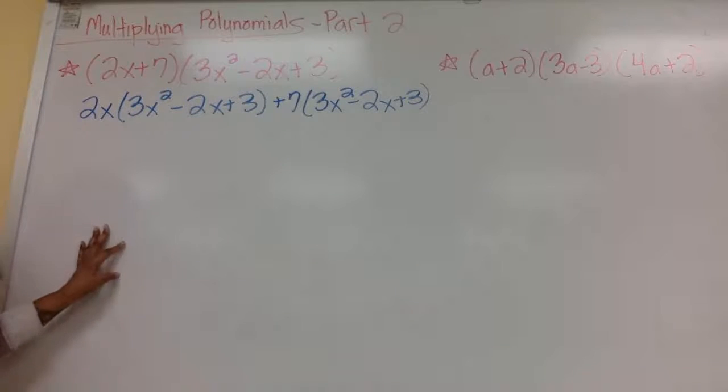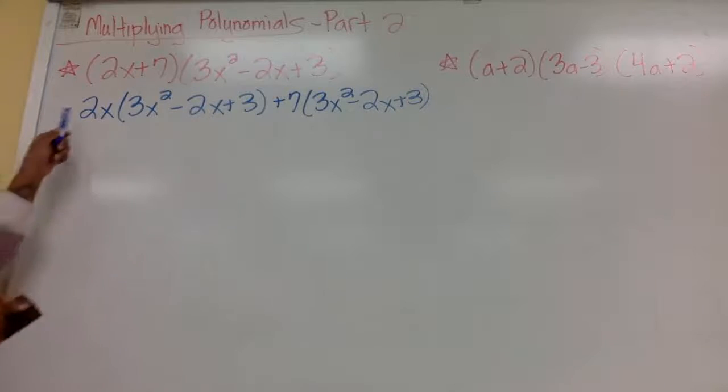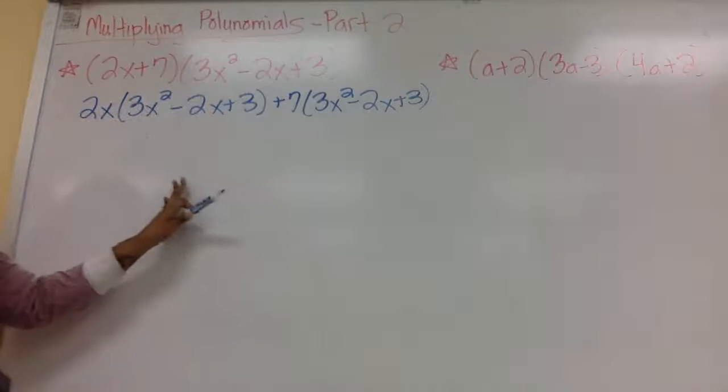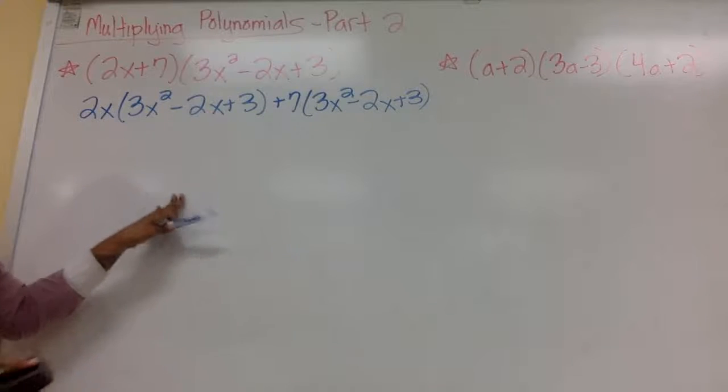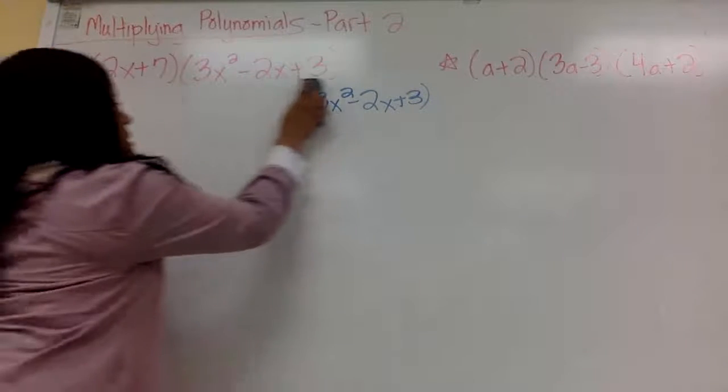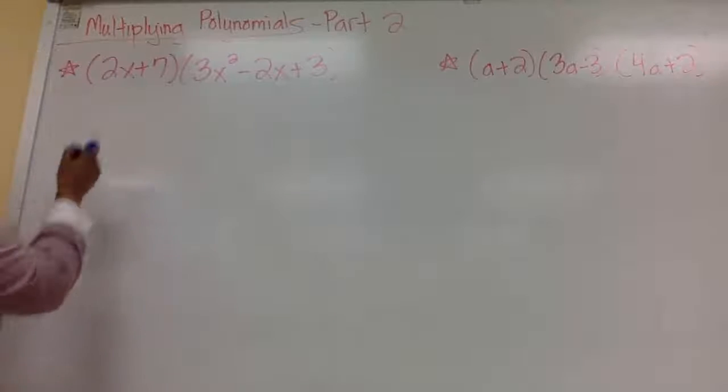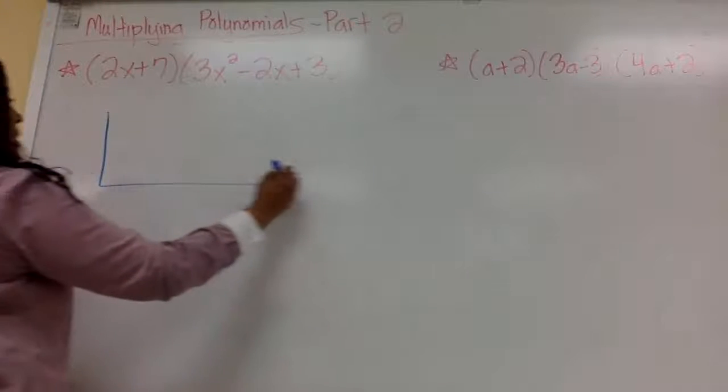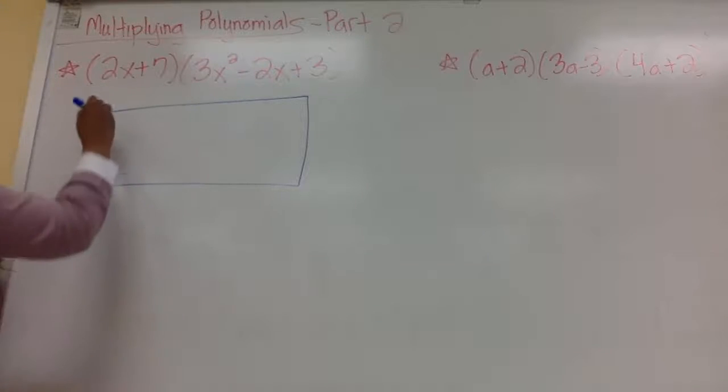So that's distributive property. For those of you that like to do box methods, I am going to erase this, go through multiply, combine like terms. You're going to get the same answer that I'm going to get in just a minute by doing box. So you set up a box. It could be a 2 by 3 box or a 3 by 2.